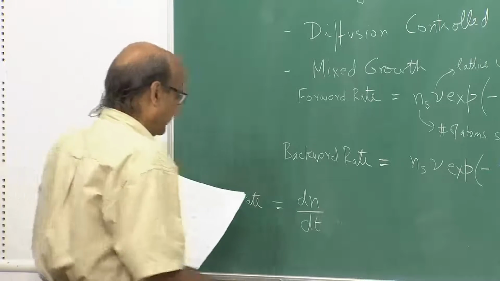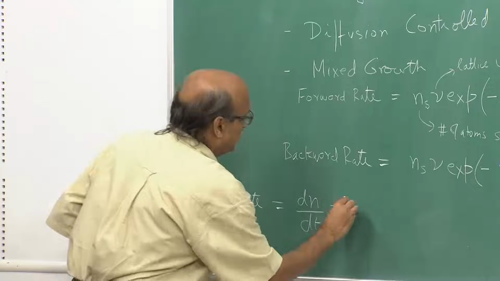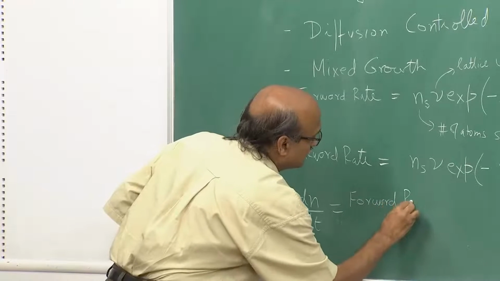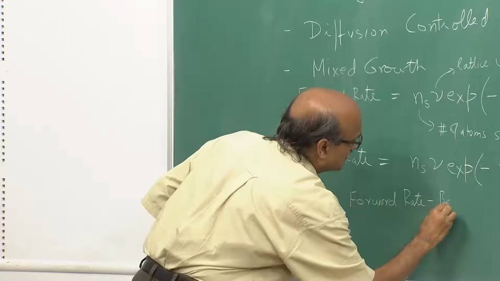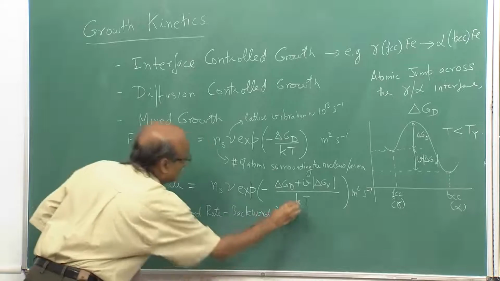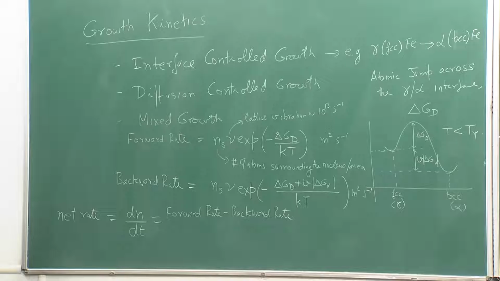So, dN by dt is simply the forward rate minus the backward rate.